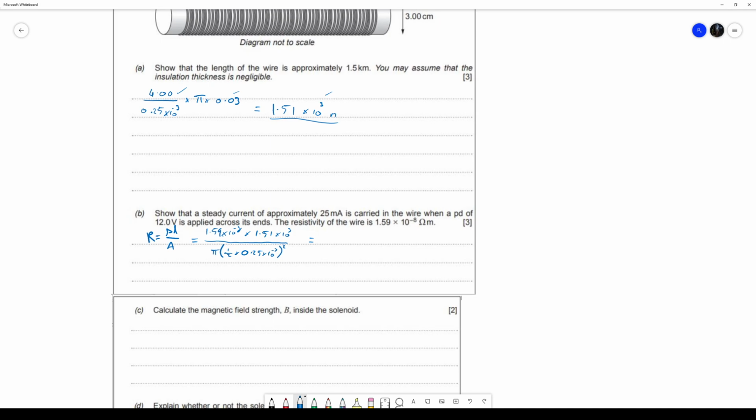Gives me 4.89 times 10 to the 2, so 489 ohms. And then it's Ohm's law, V equals IR, so I equals V over R equals 12 over 489.